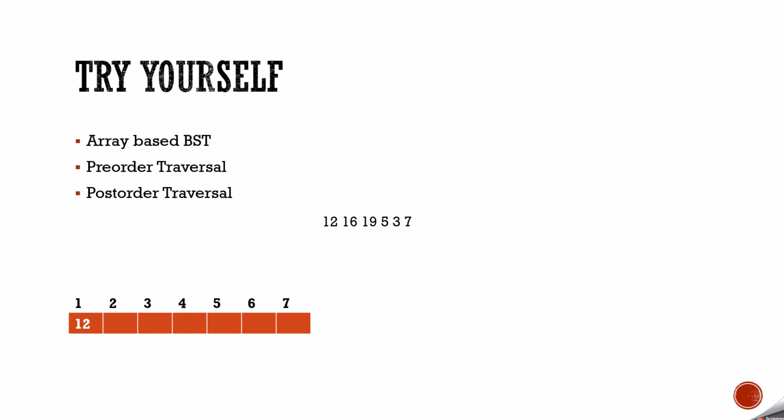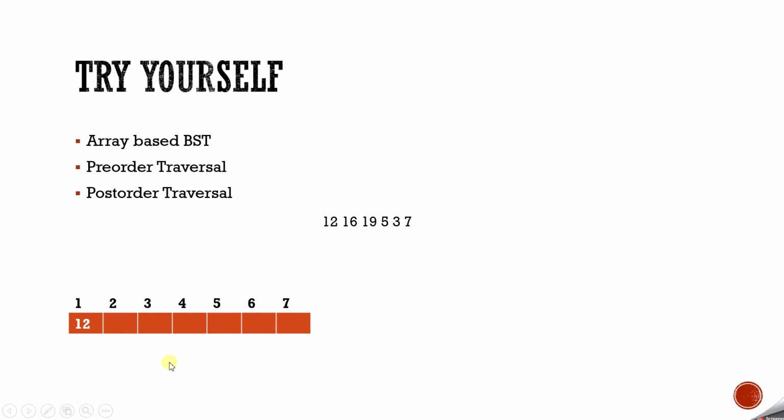So for 12, where will its children be stored? The right child of 12 is at 2i plus 1, that is 2 plus 1, which is 3. The left child of 12 will be at 2i, so that is in 2.